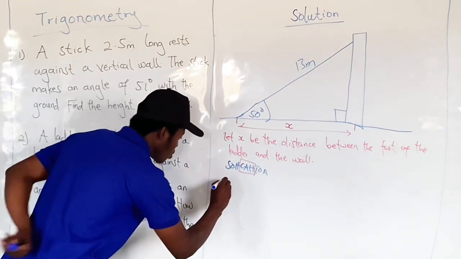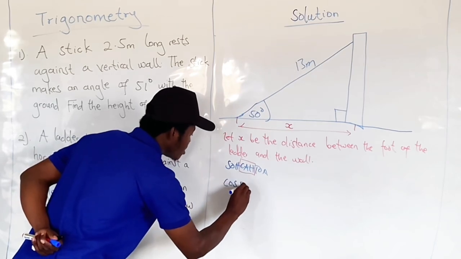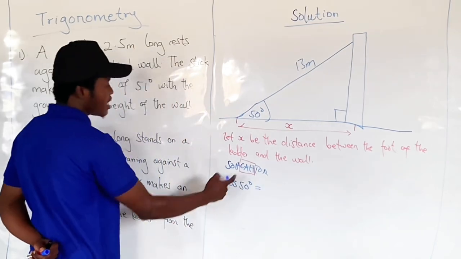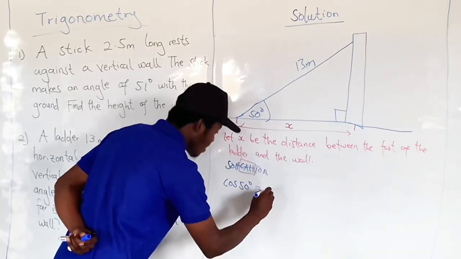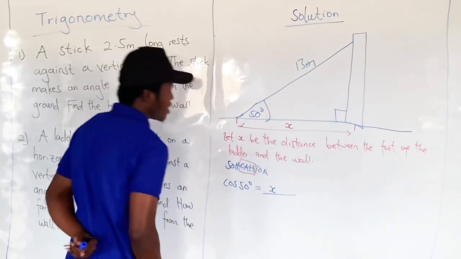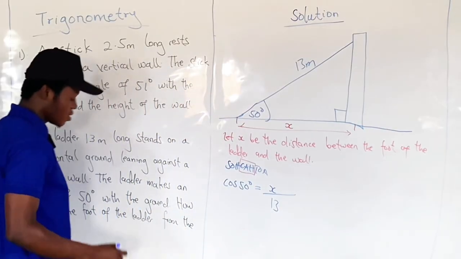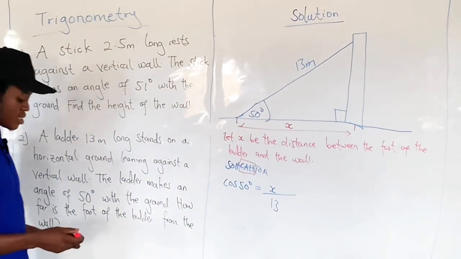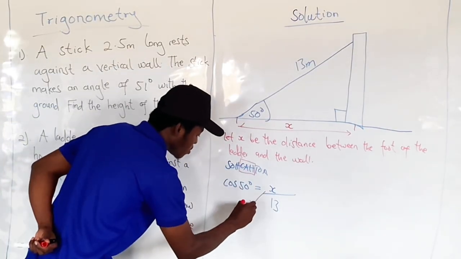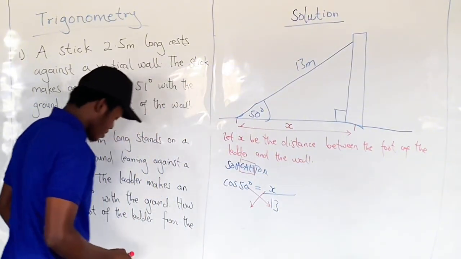From here, cos of the angle 50 degrees is equal to the adjacent. Our adjacent is now x. So we have x over the hypotenuse, which is now 30. Let's make x the subject of the equation by cross multiplying like this.